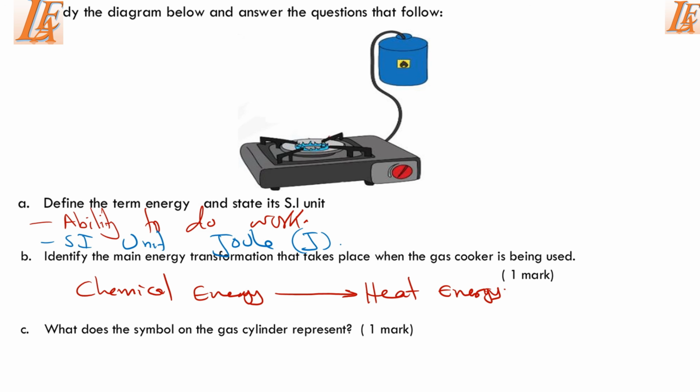So the energy transformation in this case is chemical to heat energy. And then C, what does the symbol on the gas cylinder represent? The symbol on this gas cylinder represents what we call flammable. It represents substances which catch fire easily.